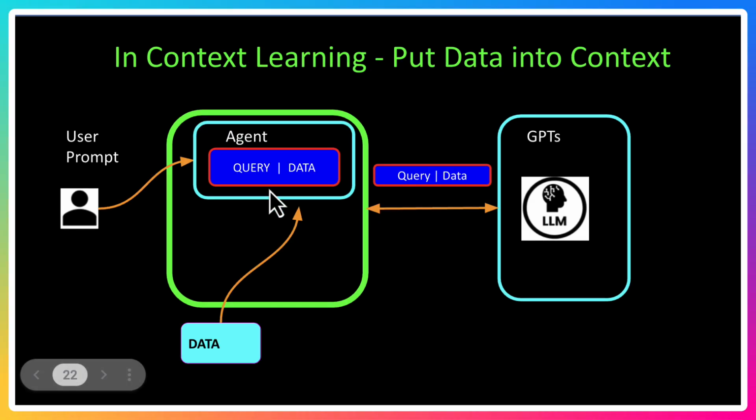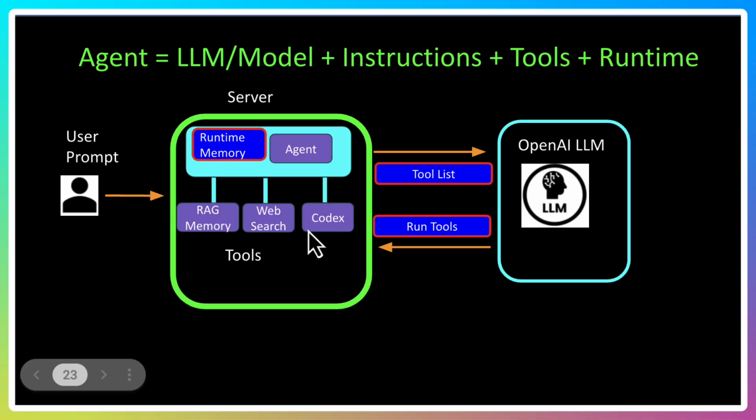We saw as well that we have in-context learning, where we can pass data into the context window and we can choose the data so that it has the information that the LLM might need to be able to answer the query. So that's a RAG system.